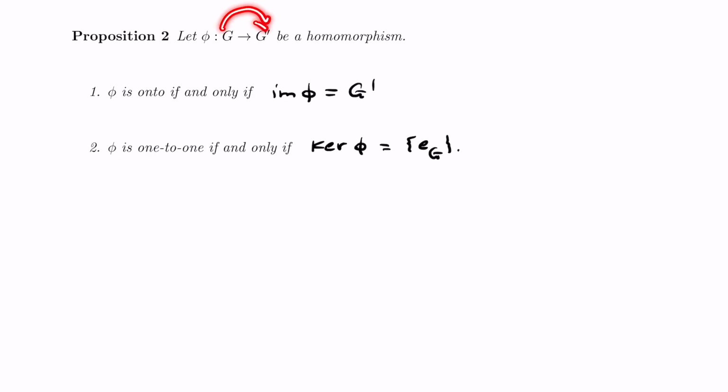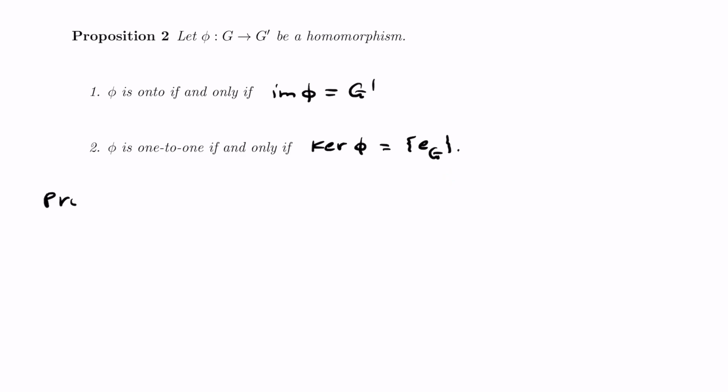That's part of what it means to be an isomorphism. We can use the two subgroups, image and kernel, to actually test for this. So phi is going to be onto if and only if the image of phi is all of G prime. And it'll turn out phi is one-to-one if and only if the kernel of phi is only the identity element of G. So that means that the only thing that gets mapped to the identity element of G prime is the identity element of G itself.